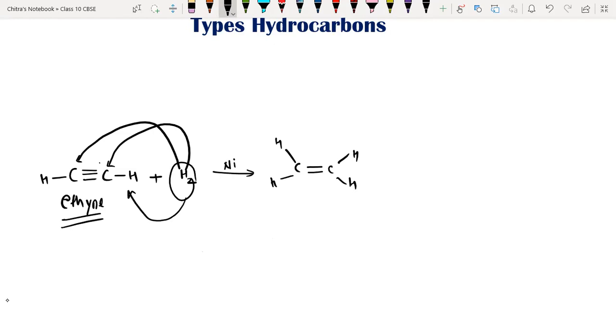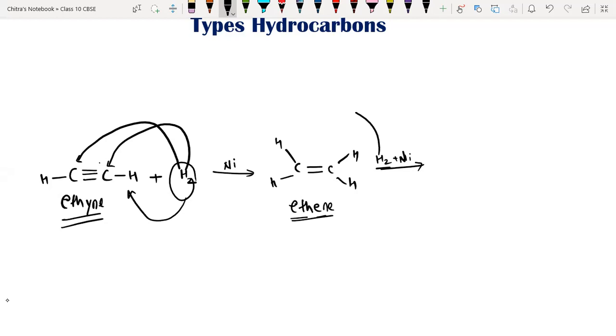Again, this is ethene. I'm writing here eth for the 2 carbon atom chain, and ene for the double bond. So it's ethene. Again, I have reacted that ethene with hydrogen in presence of nickel. Nickel again acts as a catalyst.